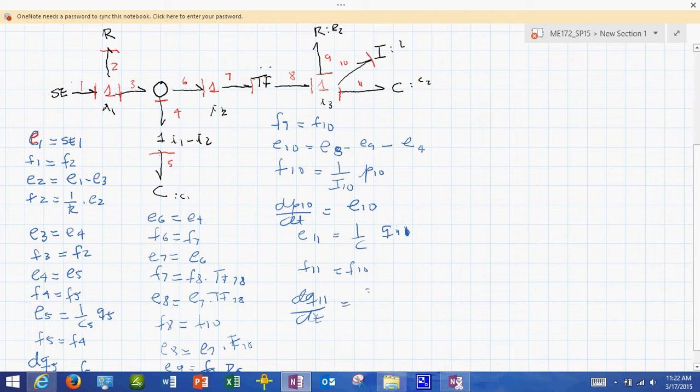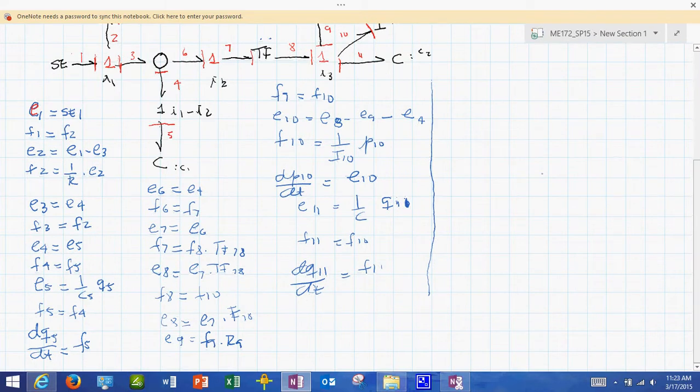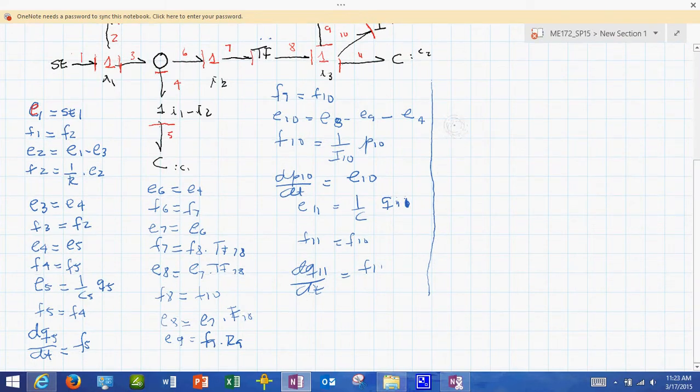is equal to F11. Now, my point is that once you have these equations, you could simplify them and write them in a more compact form. You could substitute many things in there and come up with one set of equations that can be used for simulation.